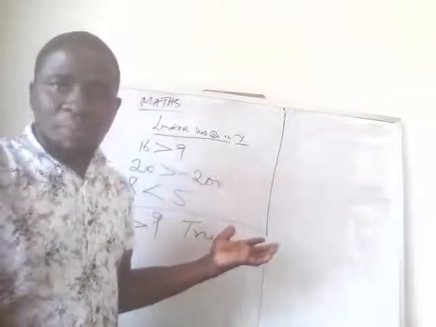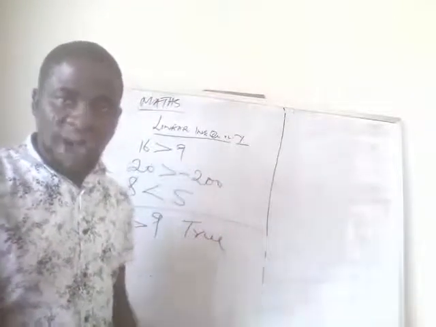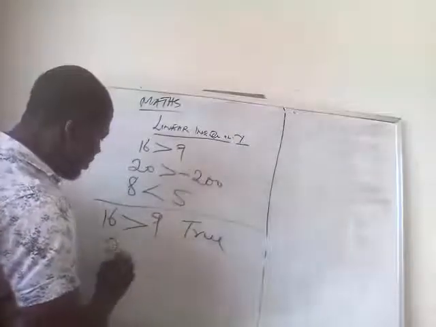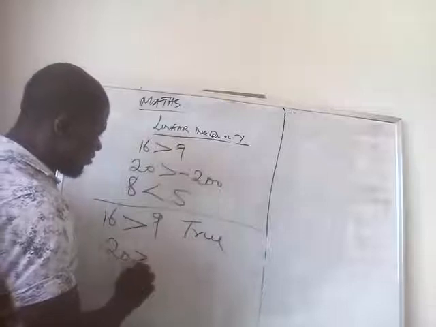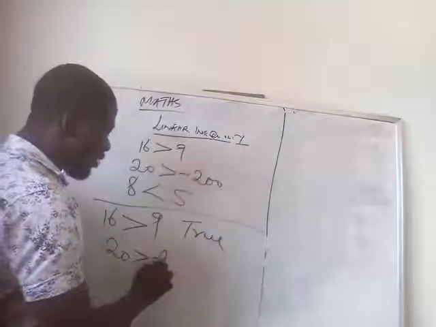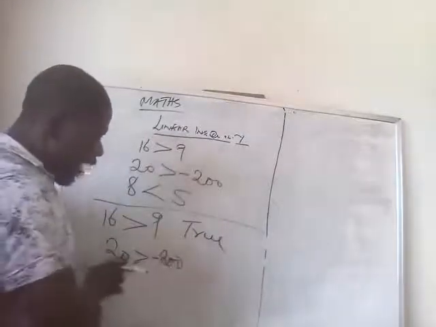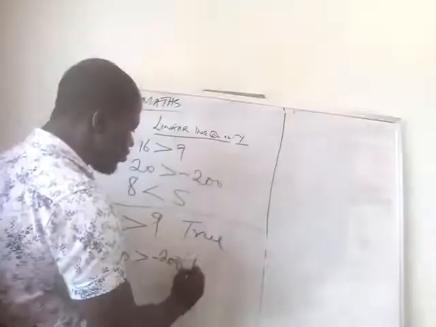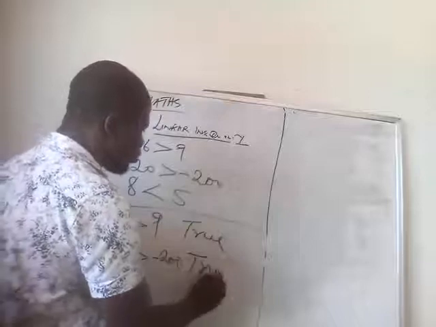So you cannot compare what you don't have with what you have. 20 is greater than minus 200. What you have is greater than what you don't have. So that is also true.